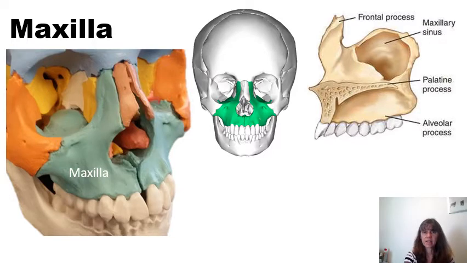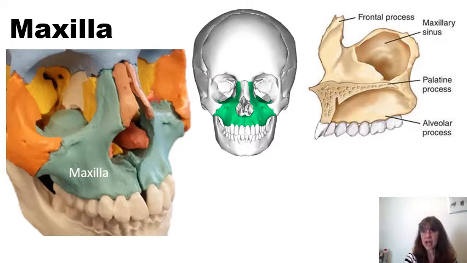Here we have another view of the maxilla, which forms most of the anterior portion of the face. There are maxillary sinuses in the maxilla. The maxillae, plural, are supposed to fuse together, and sometimes they don't.